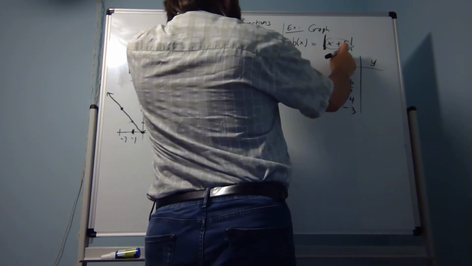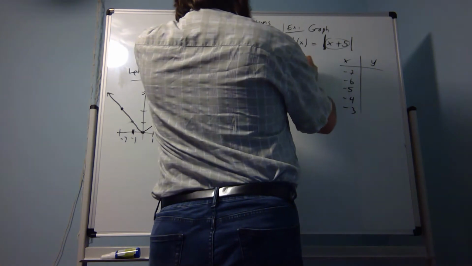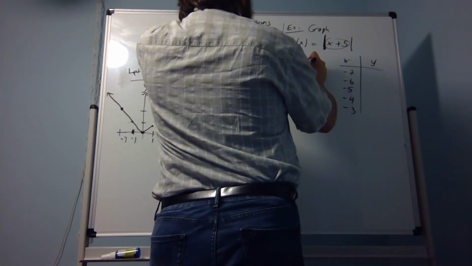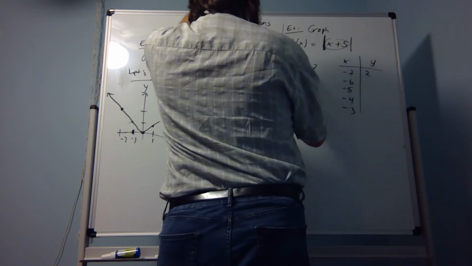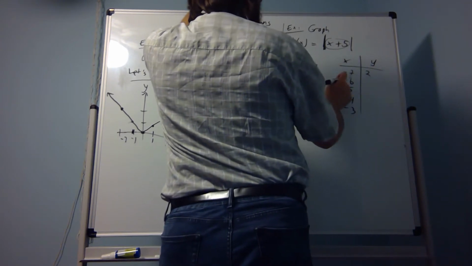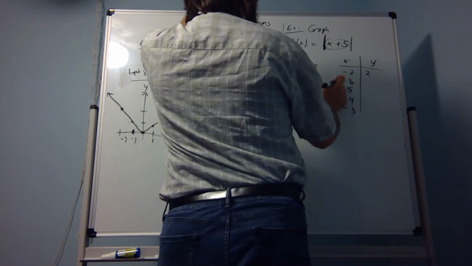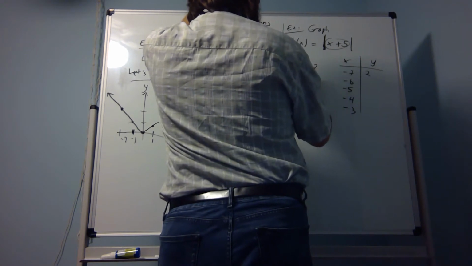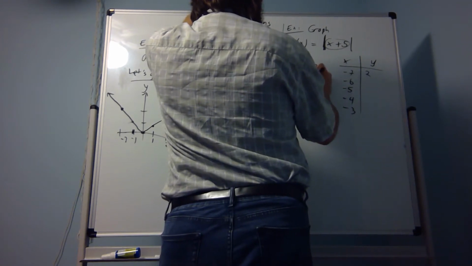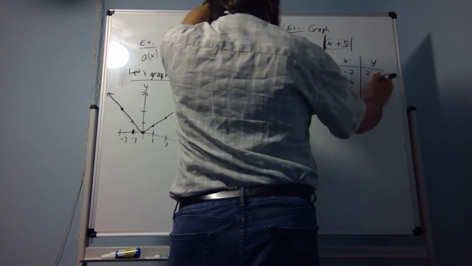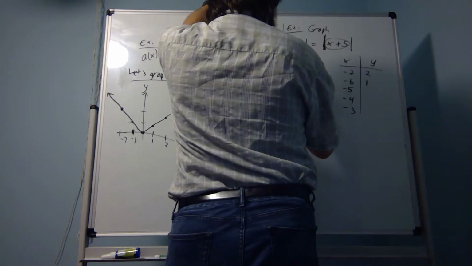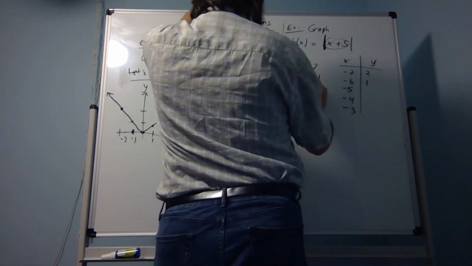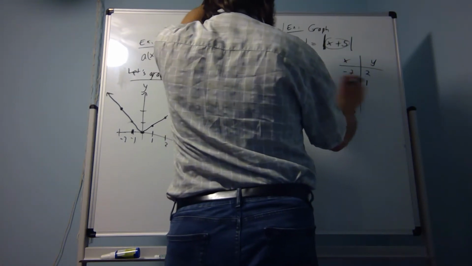You plug in negative 7, y equals absolute value of negative 2, which equals positive 2. Y equals absolute value of negative 1, because it's negative 6 plus 5. You're getting positive 1 because it's the absolute value. Absolute value of negative 5 plus 5 is absolute value of 0, which is 0.